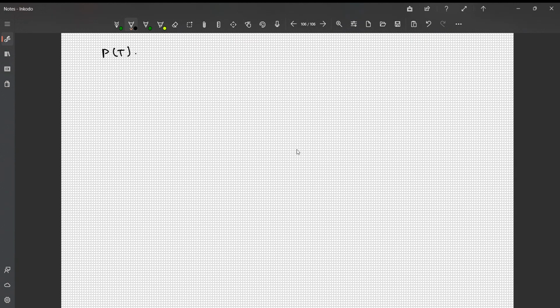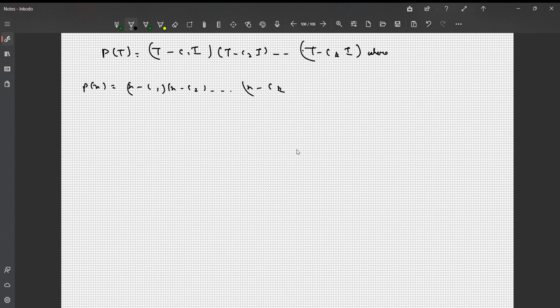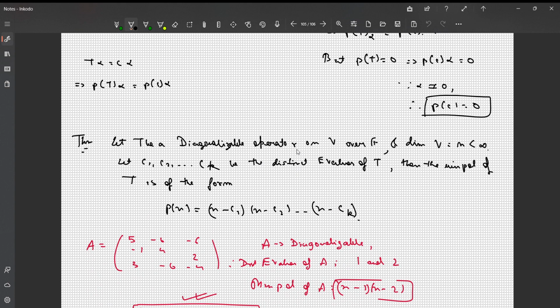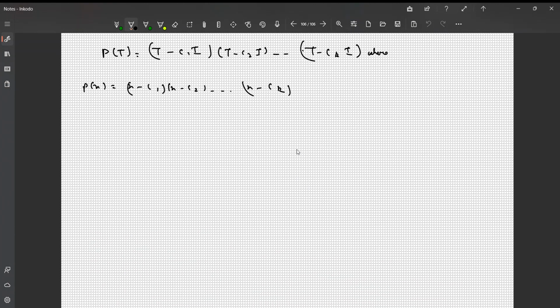Now what is P of T? By the way it is given, it's of the form (T minus c1 I)(T minus c2 I) and so on till (T minus ck I), where P(x) is given in the theorem: (x minus c1)(x minus c2) till (x minus ck). Have I written this statement in the theorem? I forgot. Yeah.